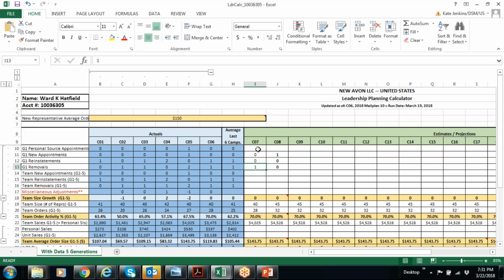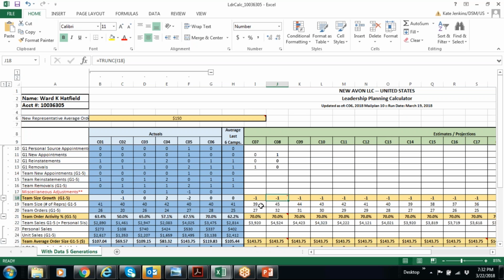So Annie, if you had 0 new recruits, 0 reinstatements, and 1 person fell off, then your team would have actually lost 1 person. Right. So it would have brought it down from campaign 6 over here, 40, down to 39 people on your team.